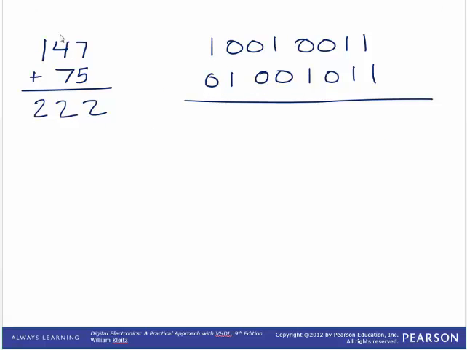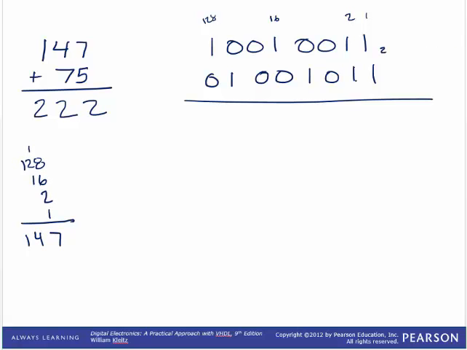So magically appeared is we're going to do 147 plus 75, which will be 222. So convert everything to binary. I just want to check that this is truly 147. So that's a 1, 2, 4, 8, a 16, 32, 64, and 128. So 128 plus 16 plus 2 plus 1, that's 147.